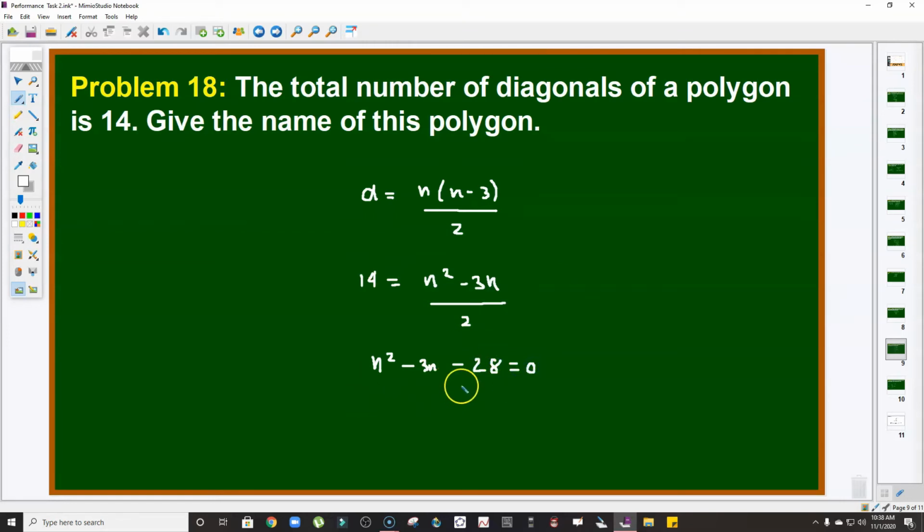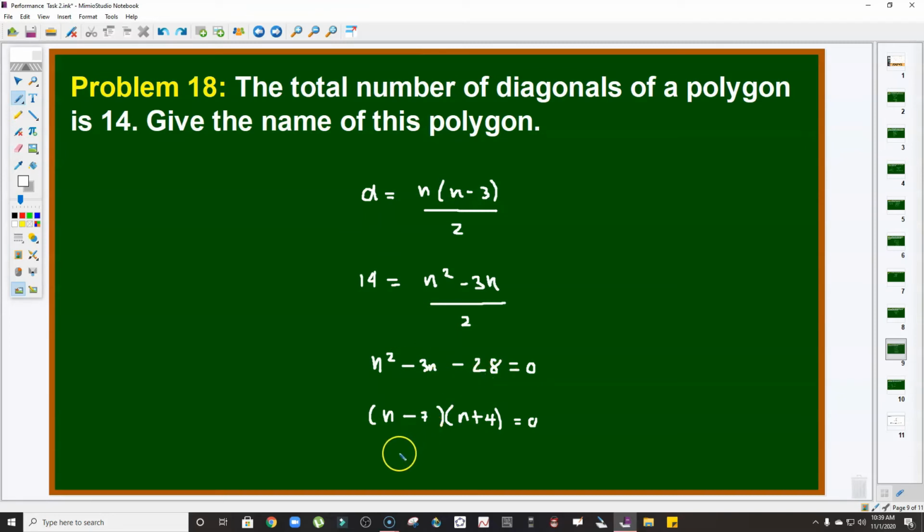And you already know this portion. It's just factoring a quadratic trinomial. The factors of negative 28 give us (n minus 7)(n plus 4) equals 0. Let's verify. If I multiply this by the FOIL method, the last term will give you negative 28. The outer and inner terms will give you negative 7n plus 4n, that's negative 3n.